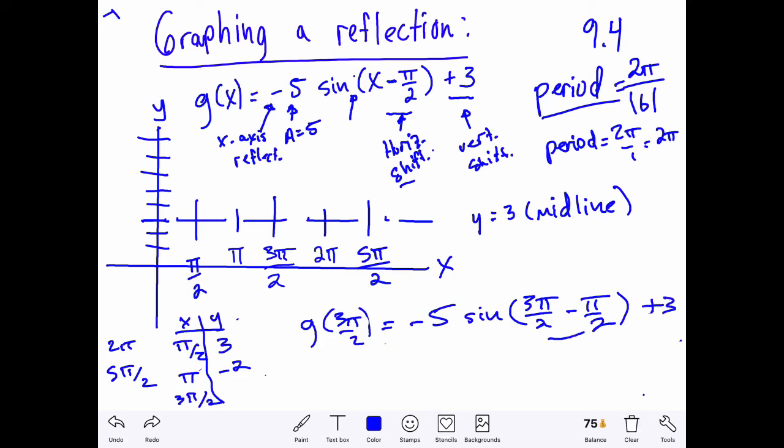Well, what's 3 pi halves minus pi halves? 2 pi halves, which is pi. Well, sine of pi, sine corresponds to y, and at that 180 there, that's a 0 on y. 0 plus 3 is 3.